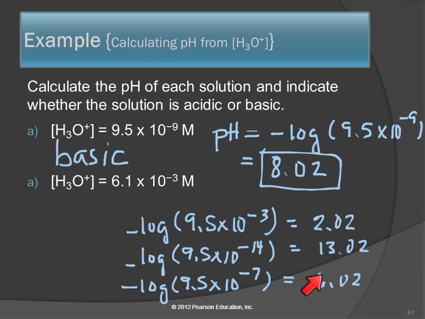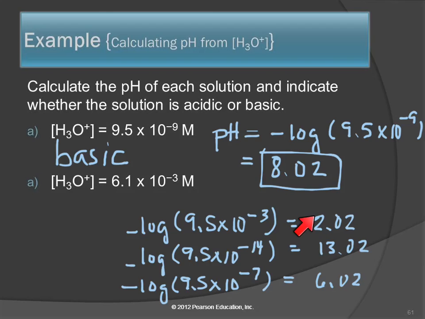Do you see a relationship between the 6 and the minus 7, 13 and minus 14, 2 and minus 3, 8 and minus 9? So 9.5 times 10 to the minus third is between 10 to the minus 3 and 10 to the minus 2. So the log is going to be 2 and a little more, because it's between 2 and 3.